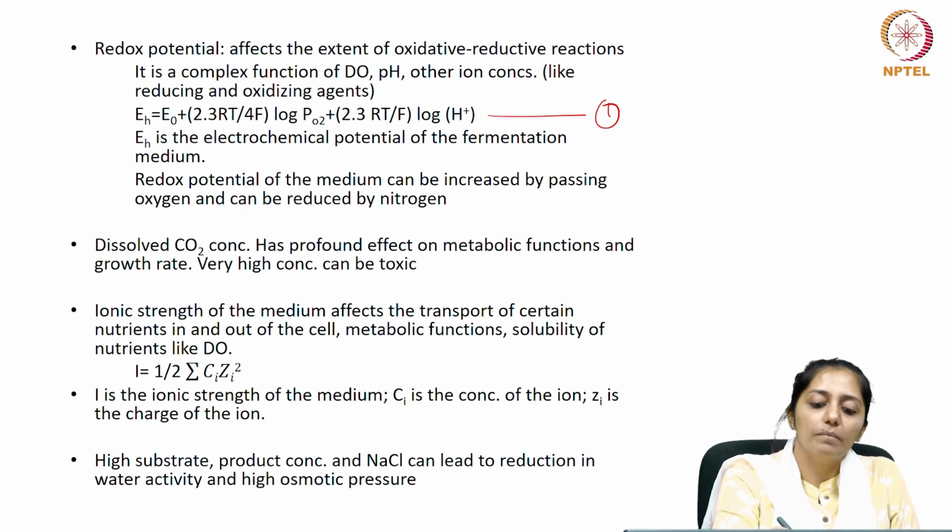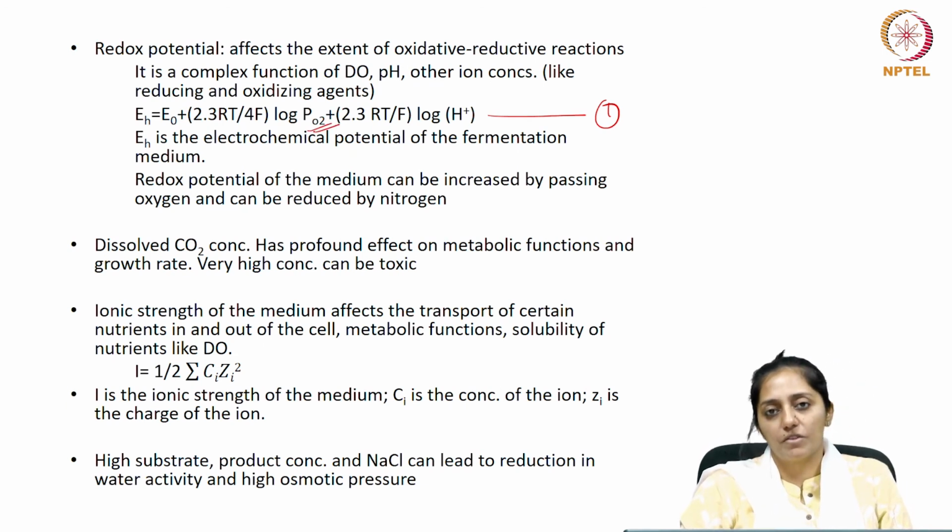So if you see the term PO2, which stands for partial pressure, your redox potential can be improved as the partial pressure can be increased by passing in oxygen and can be reduced by removing oxygen by purging in nitrogen.